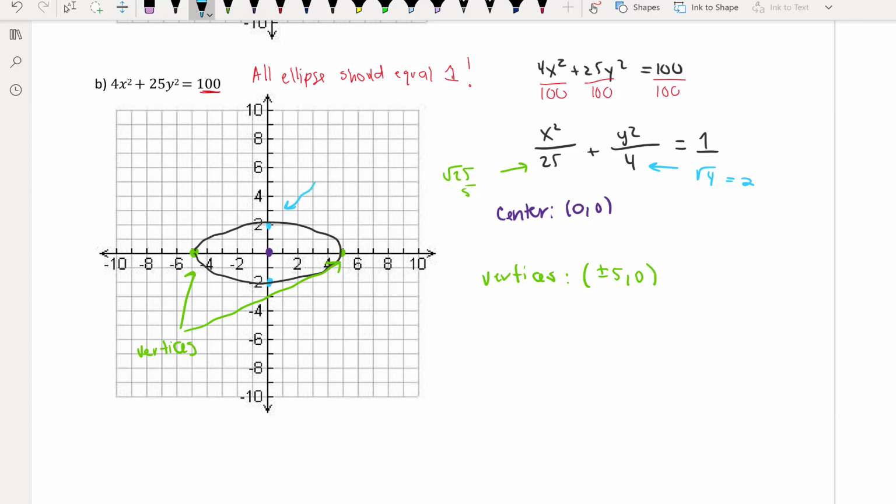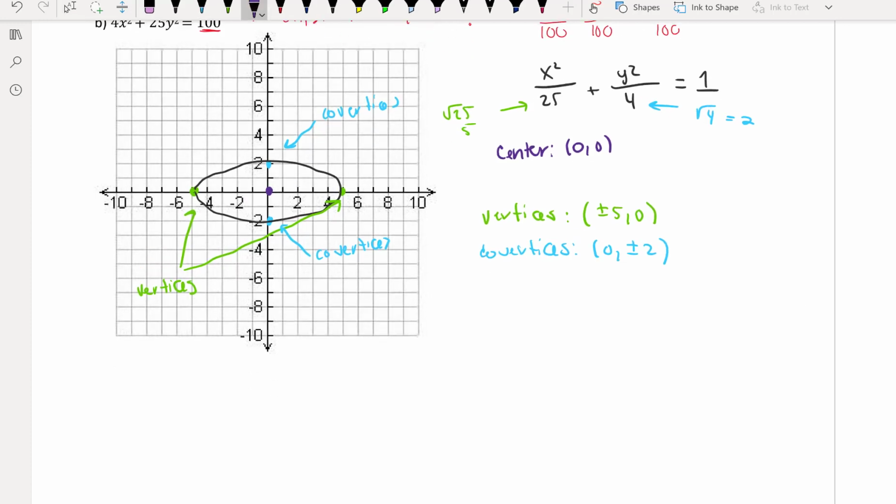The co-vertices are along the shorter side. So the co-vertices were 0, plus or minus 2.